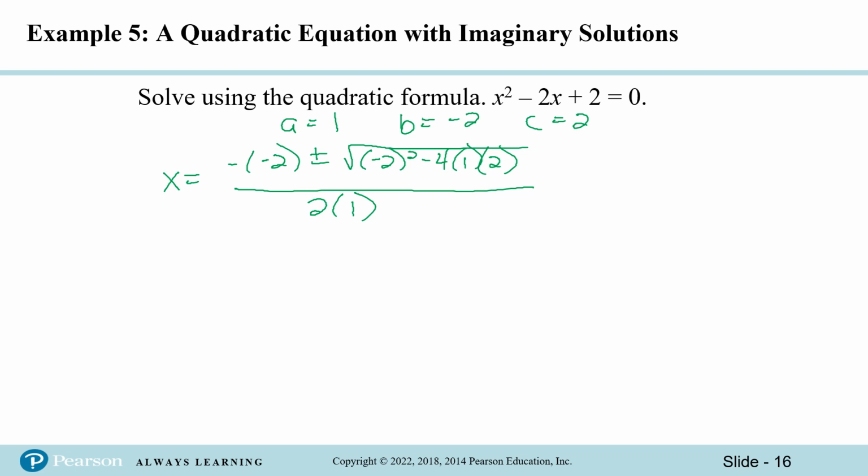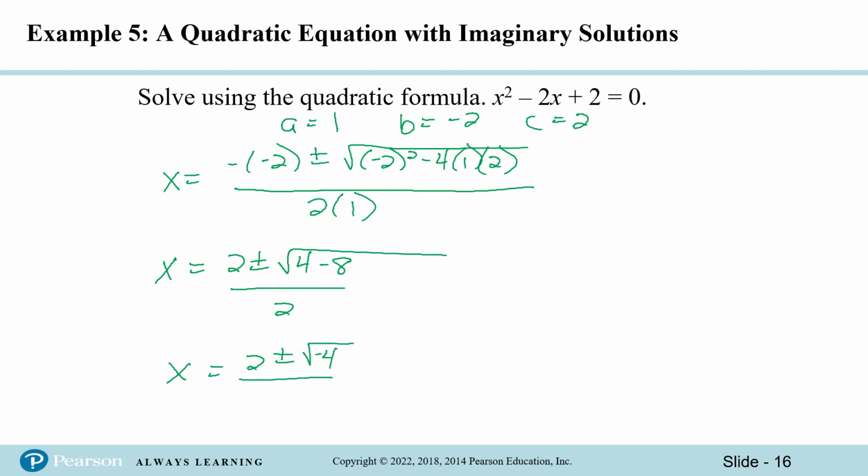And we're going to simplify this starting on the inside and working our way out. Plus or minus, so negative 2 times negative 2 is 4. Negative 4 times 1 times 2 is negative 8. Four minus 8 is negative 4. 2 plus or minus, the square root of negative 4 would be 2i.